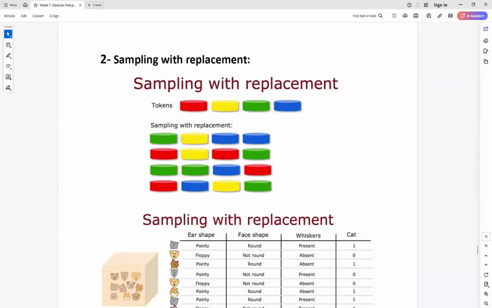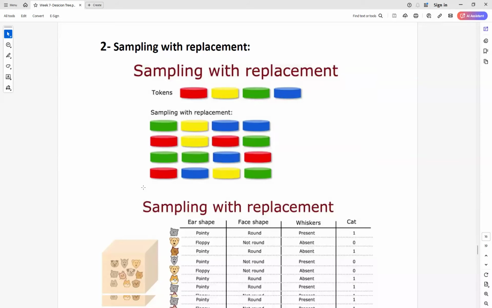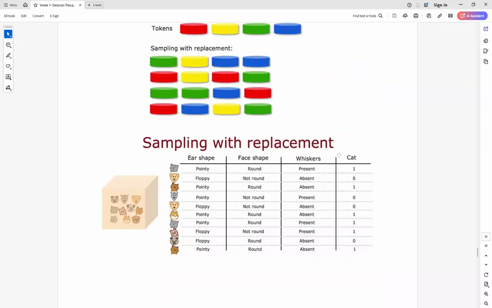This is the first sampling with replacement. The second sampling would be something like that: red, yellow, red, green. The third sampling would be green, green, yellow, blue, red. And the last one, red, blue, yellow, green. This is sampling with replacement.